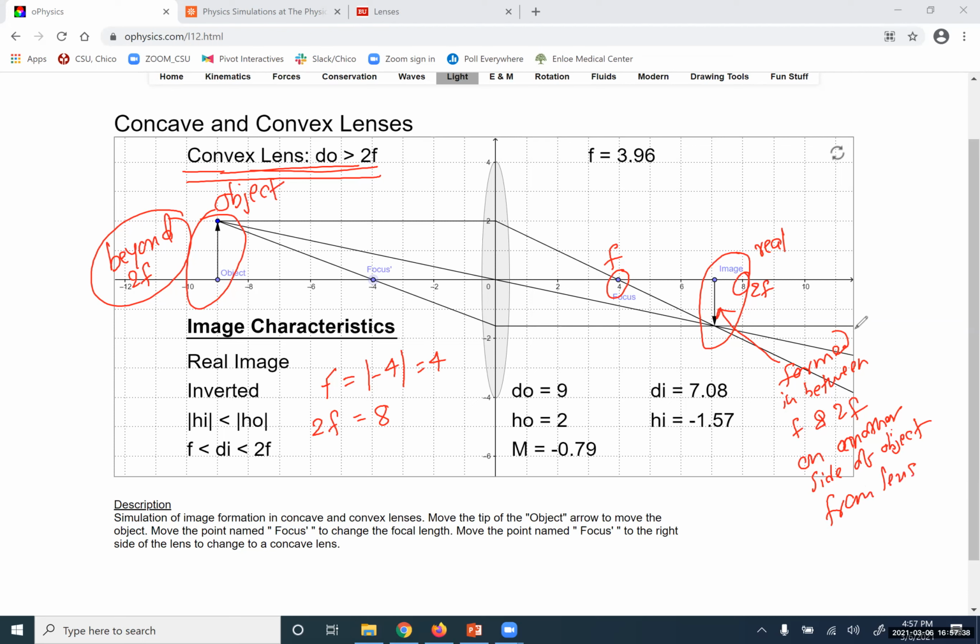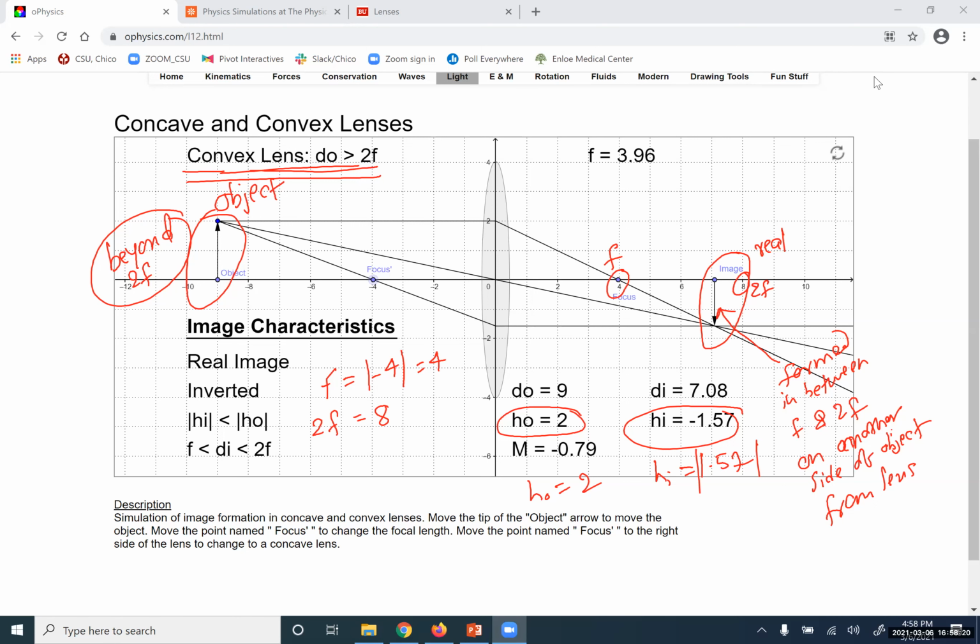This means object and image are not on the same side. You can clearly see the size is smaller. The height of the object is basically 2, and the height of the image is just 1.57. It may be meter, centimeter, whatever. So the size will be smaller. If you change the position, the object distance could change, the image distance could change, but the focal length will be the same.